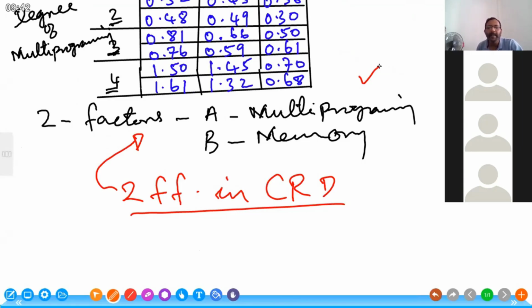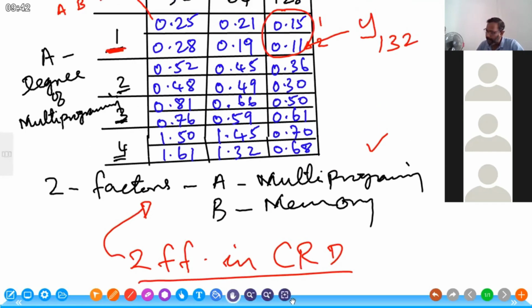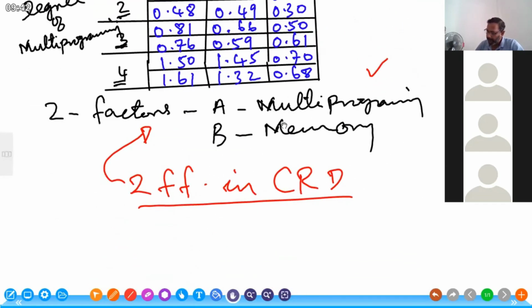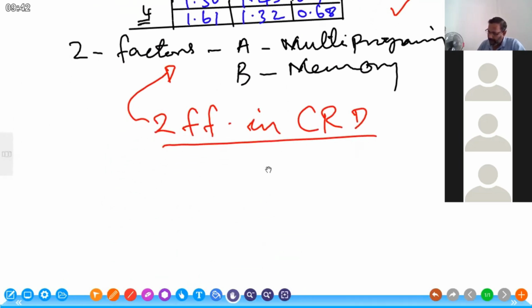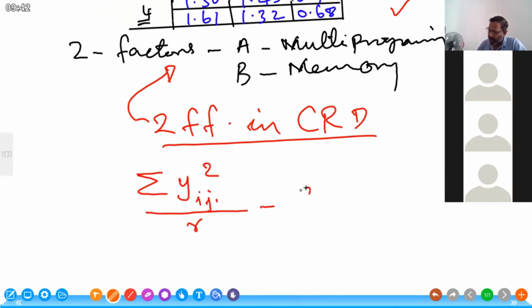Everybody get ready. If you have any problem in calculation, you'll have to tell me. For example, we said summation of y_ij dot squared divided by r minus correction factor. Correction factor is actually y dot dot squared divided by abr.